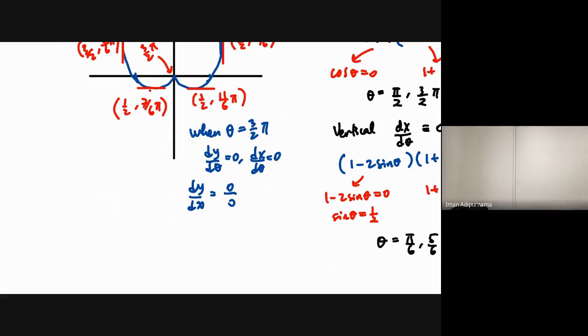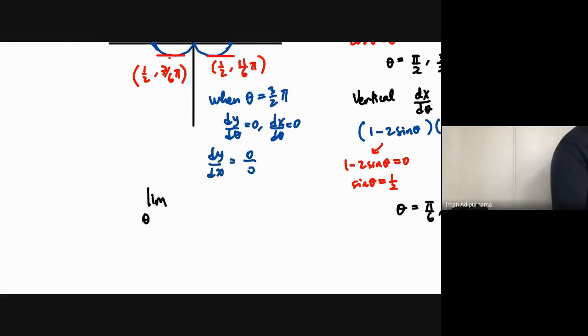Then what shall we do now? We learned that for indeterminate forms, we can approach using limits. So let's use the limit as theta approaches 3 over 2 pi. We can approach from the left or right, the same thing because it's symmetric. Let's say we are approaching from the left.